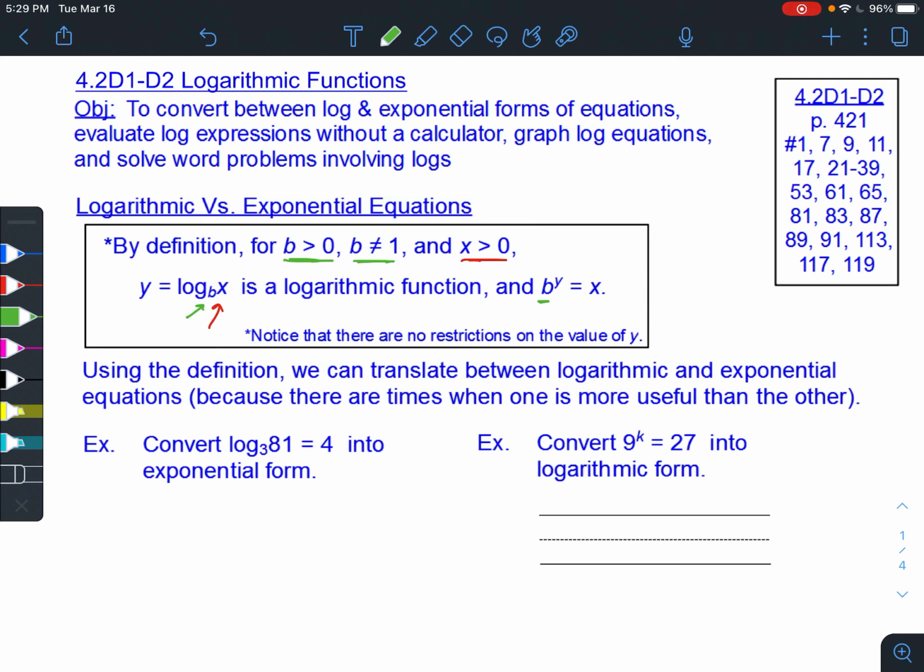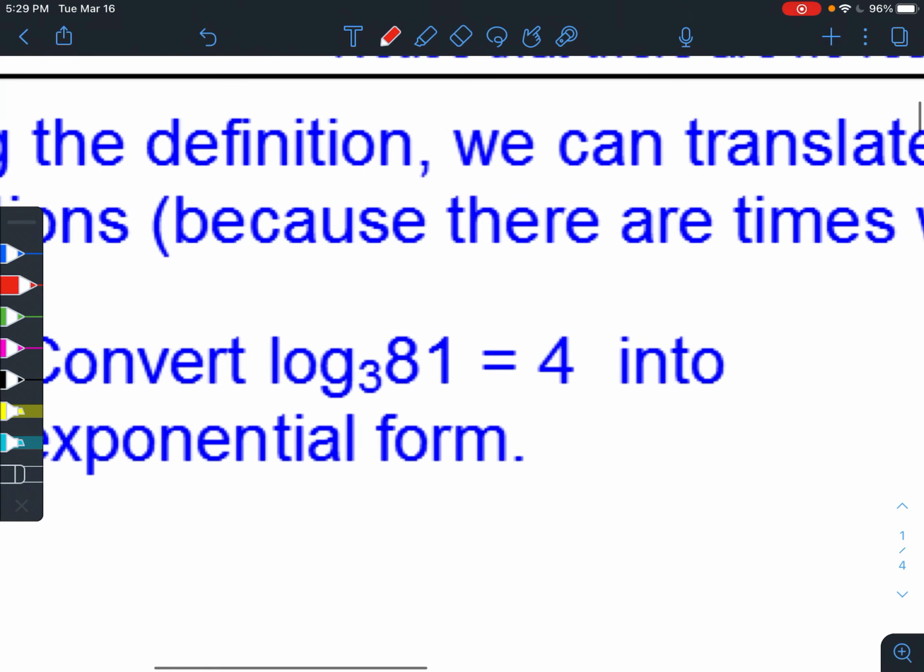Using the definition, we can translate between logarithmic and exponential equations because there are times when one is more useful than the other. So if I've got log base 3 of 81 equals 4, I want that in exponential form. Basically the routine here is that the base of the log is going to be the base of the power, and that power is the thing on the other side.